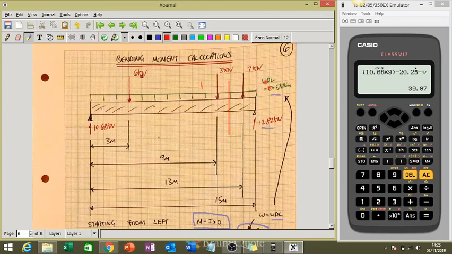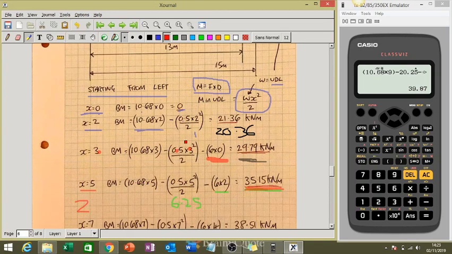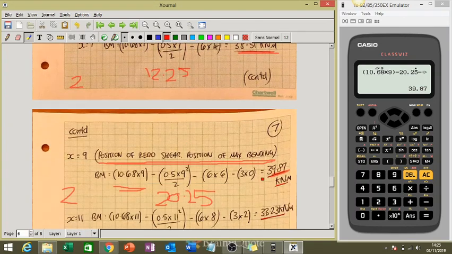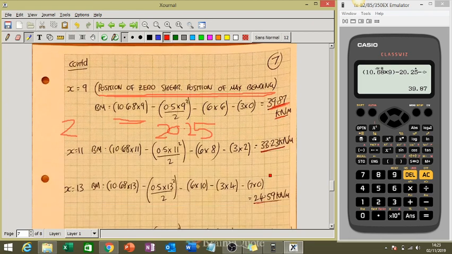So we've got moment due to that, moment due to this, moment due to this, and the moment due to that UDL. Hopefully it's coming down because the previous point should be our biggest bending moment. So that's the 10.68. There's my UDL, that's my 6, and there's my 3. All that's happening is that's going up by 2, that's going up by 2, which means 9 to 11, up by 2. Work it all out and you should get that.